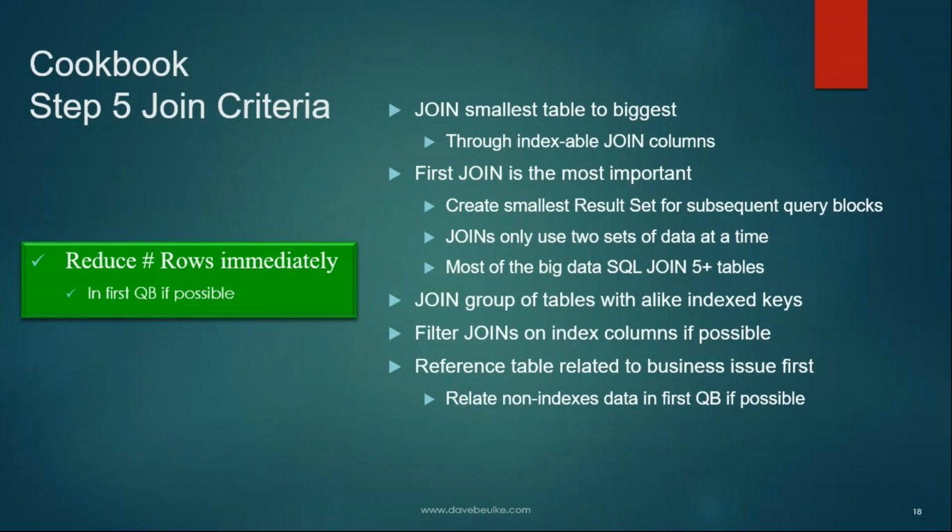If I have to reference a third table or a fourth table through those billion rows, I try to filter all of those in a massive chunk in that first query block, if at all possible, doing a 4-table join, and putting all the business criteria for all 4 of those tables immediately in the first couple of query blocks.